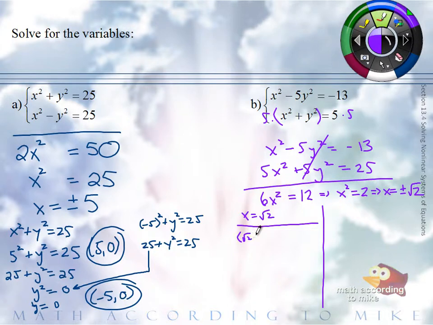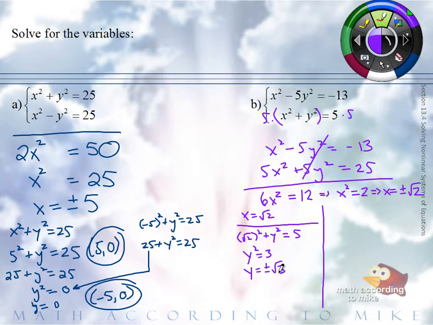So we'll have square root of 2 squared plus y squared equals 5. What is square root of 2 squared? Bring that 2 over to the other side by subtraction. We get y squared equals 3. What does that say about y? Plus or minus square root of 3.